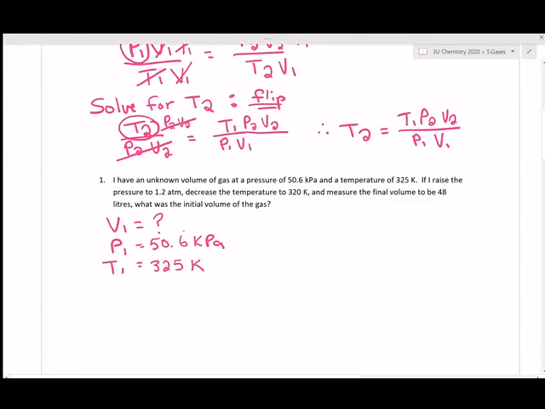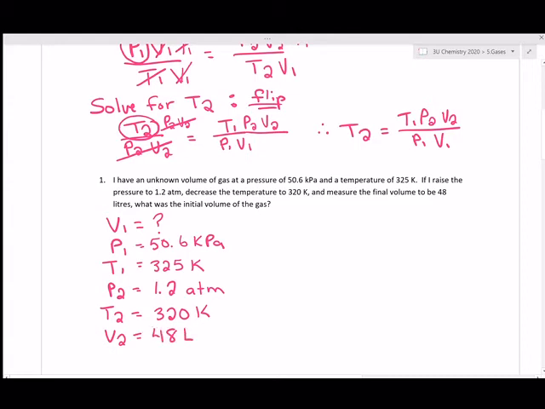Then I'm raising the pressure. So P2, notice pressure is not in matching units at the moment, so we will need to deal with that. The temperature, when I'm finished, I'm going to cool it off a bit, so it's only going to be 320 Kelvin. And then the final volume, V2, is 48 liters.